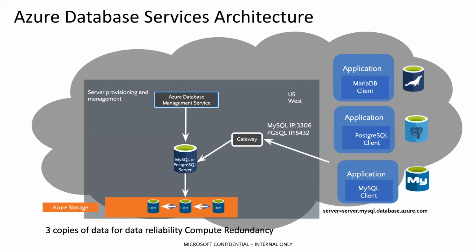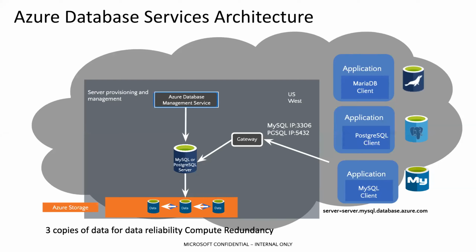So the true value and differentiators which we want to provide is, one, our manageability, something which we have developed as we were working on bringing SQL database to the Azure platform. So we reuse some of the same IP and some of the same concepts, and this is the value which we provide for open source databases as well.